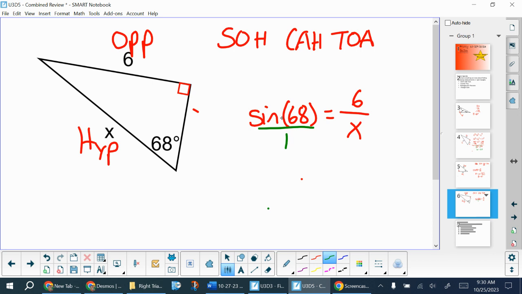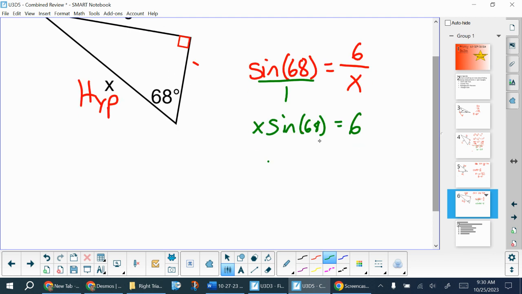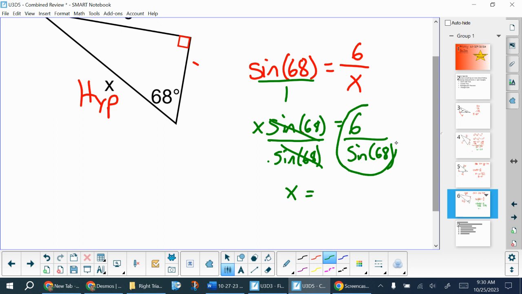Then I'm going to cross multiply. X times sine of 68 equals 6 times 1 is 6. And to get x by itself, I'm going to divide by sine of 68. At this point, I've solved for x, and I can type that right into my calculator.